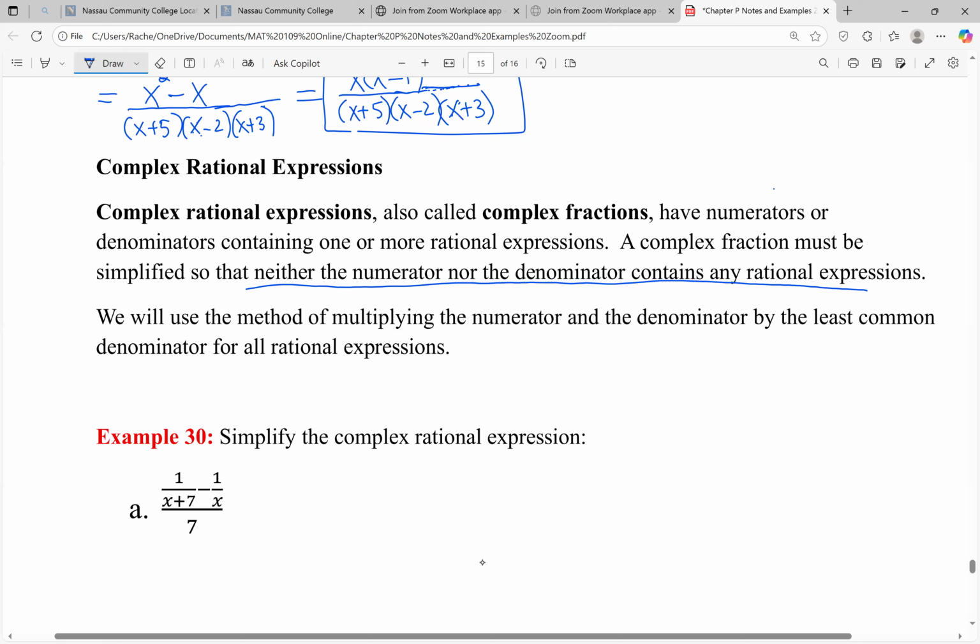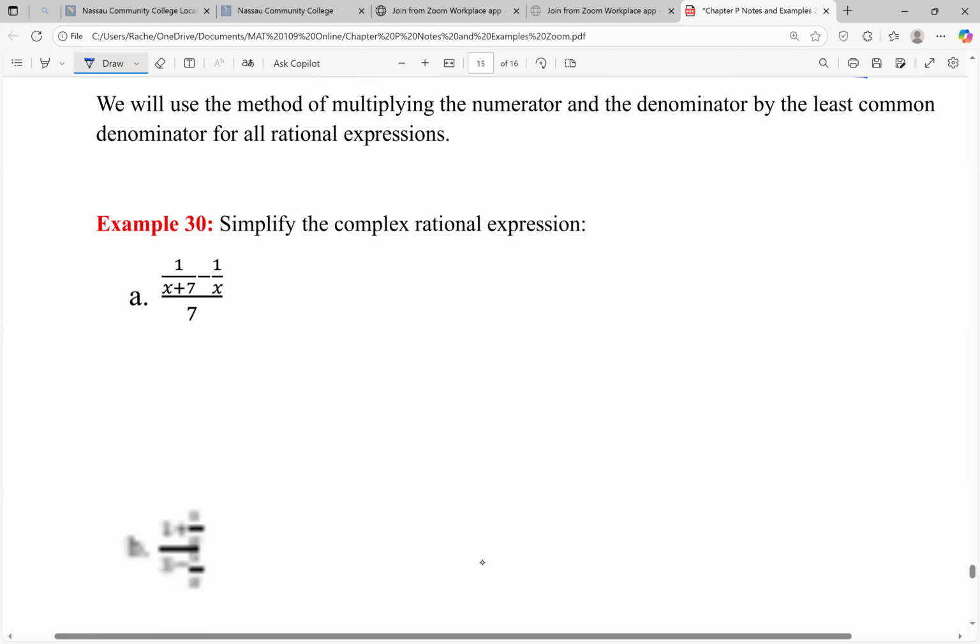The method that I often use is to multiply the numerator and the denominator by the least common denominator for all the rational expressions. So if we look at each individual fraction within the complex fraction, find the least common denominator, and multiply it by the numerator and the denominator, we're going to end up with an expression that doesn't contain fractions in the numerator and the denominator, and we can simplify from there. I know that sounds like a lot, but once you see an example or two, it's going to make more sense and you're going to see why it works.